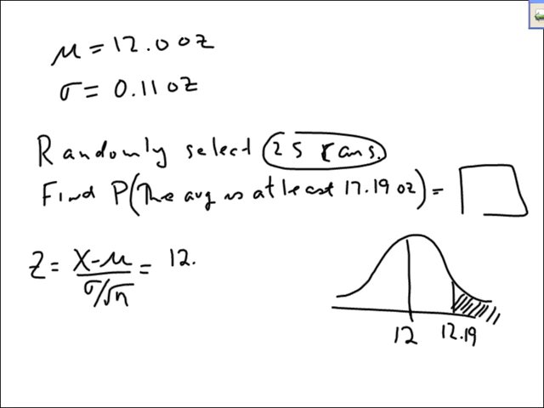So the average that we want is 12.19. That's the score. And the mean is 12. And we're dividing by 0.11 divided by the square root of 25. And this is going to be 0.19 on top, and in the bottom, 0.11 over the square root of 25.